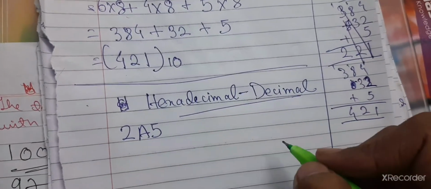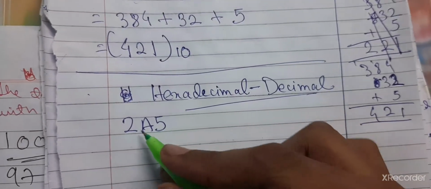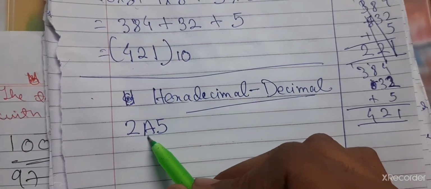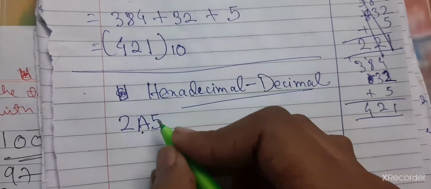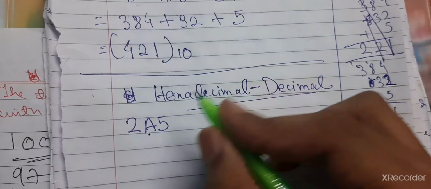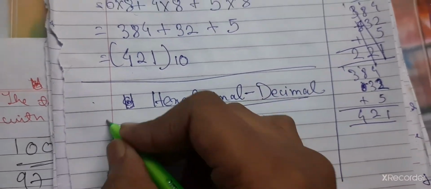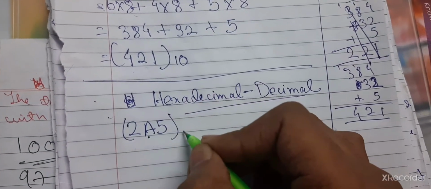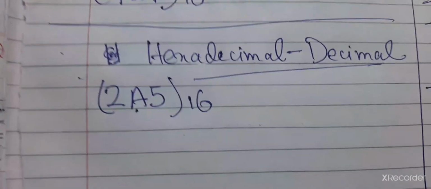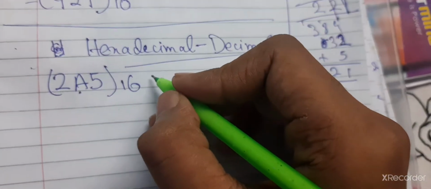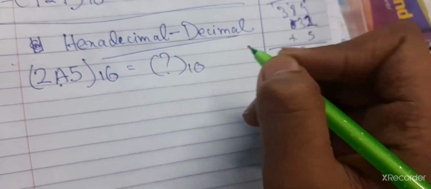As we all know, as explained in the first part of the video, A represents 10, with the sequence that A is equal to 10, B is equal to 11, C is equal to 12, and so on. So 2A5 to the base 16, since hexadecimal base is 16. Now how much will it give when converted to a decimal number, which will have the base 10.